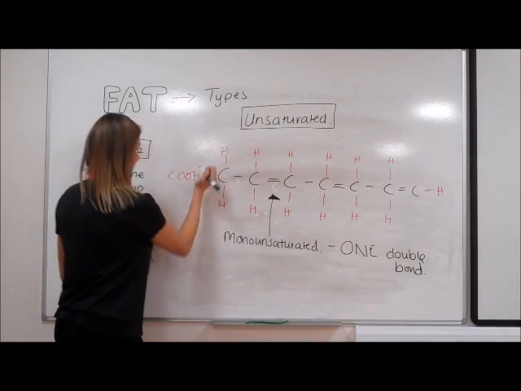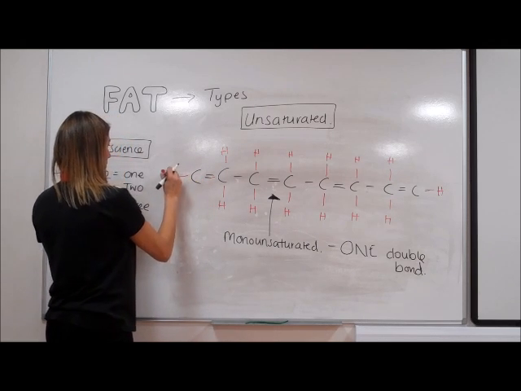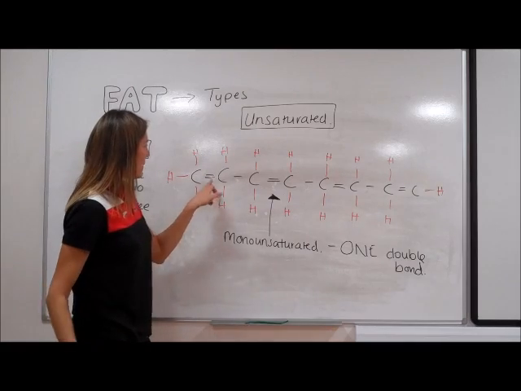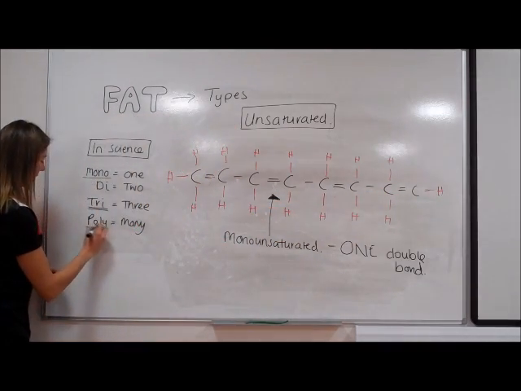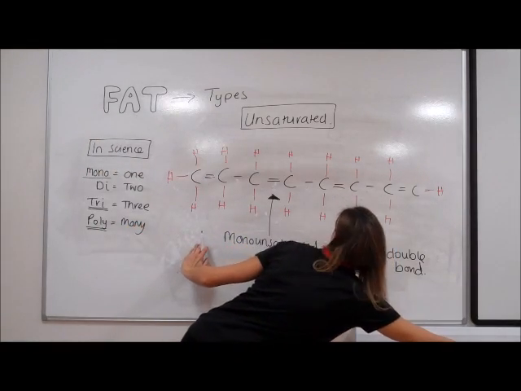But let's say now we have many double bonds. This would be classed as a polyunsaturated fat.